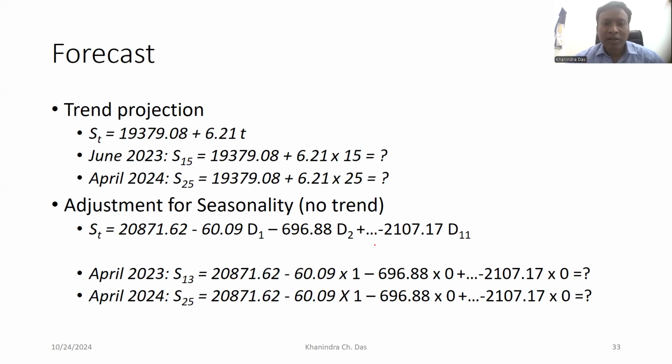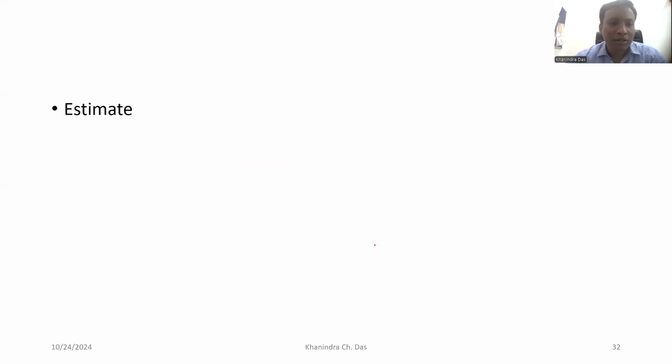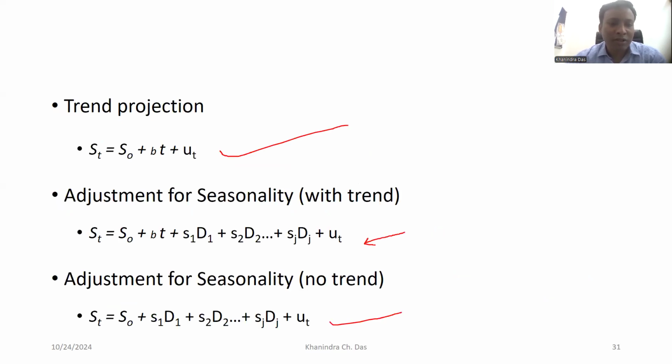An estimate shows that the trend equation is ST equal to 19,379 plus 6T. So that's the first equation here.